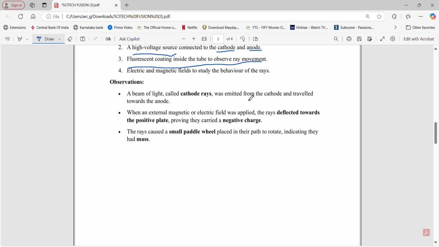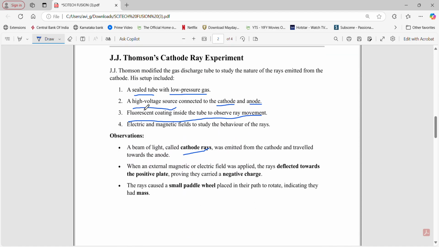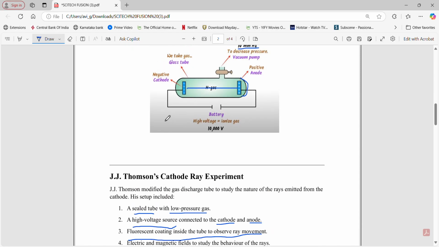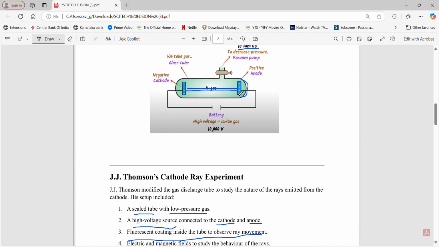So what were the observations made by J. J. Thomson? A beam of light appeared, which was known as cathode rays, and this beam of light was due to the ionization of the gas inside the tube. The cathode rays were emitted from the cathode and traveled towards the anode.